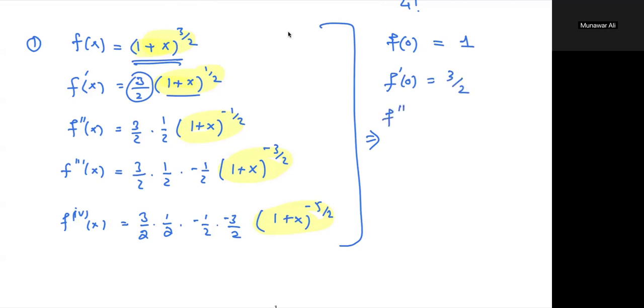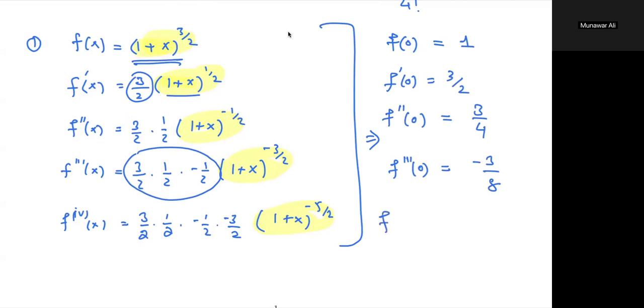The second derivative at 0, you just multiply these two, is 3 over 4. The third derivative evaluated at 0 is negative 3 over 8, and the fourth derivative evaluated at 0 is negative 9 over 16. You just multiply all these numbers.